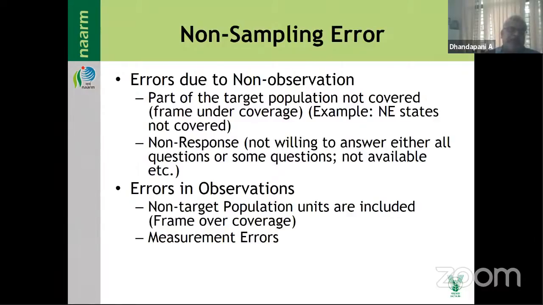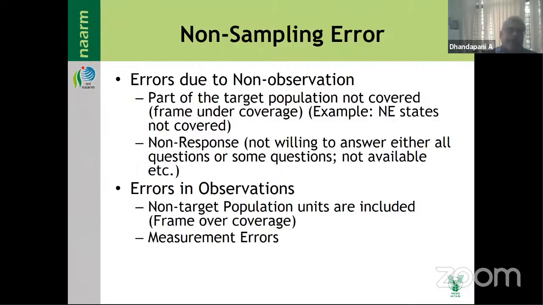Because you selected a sample, and say 30% or 20% are not responding, then your sample may be biased because of this. Why are certain people not responding to your questions? Do they share certain characteristics? Due to that, your entire result could be wrong. So you have to be careful.